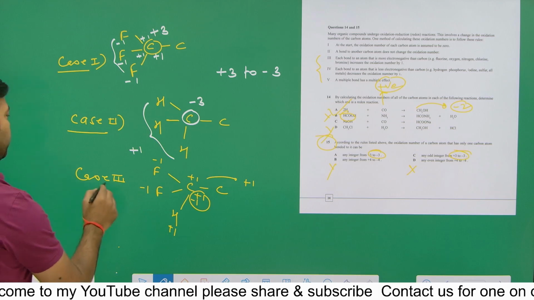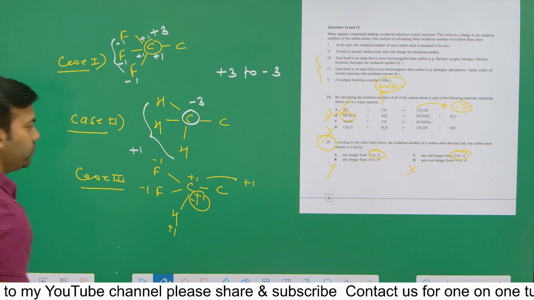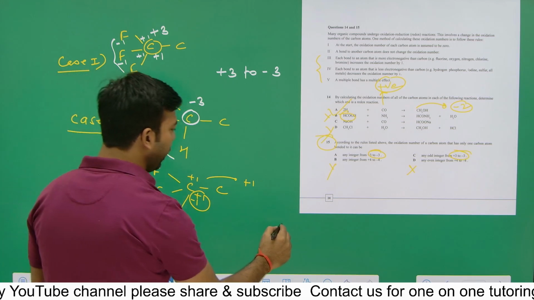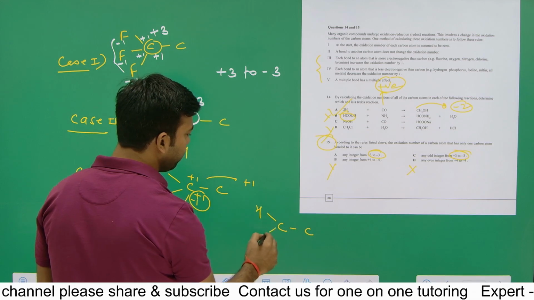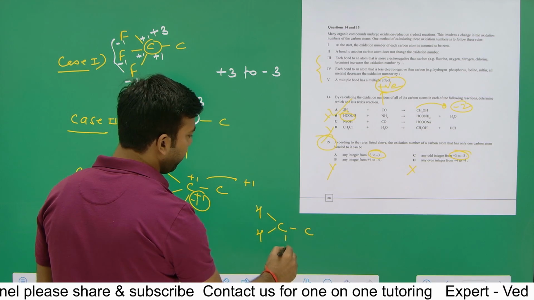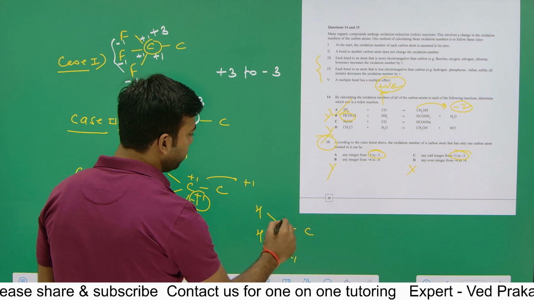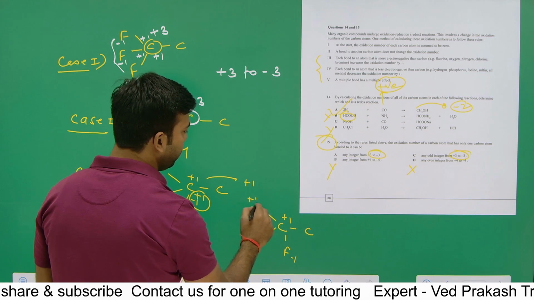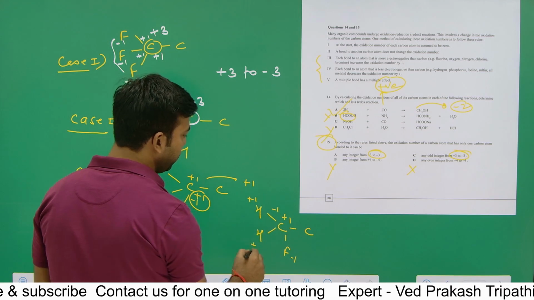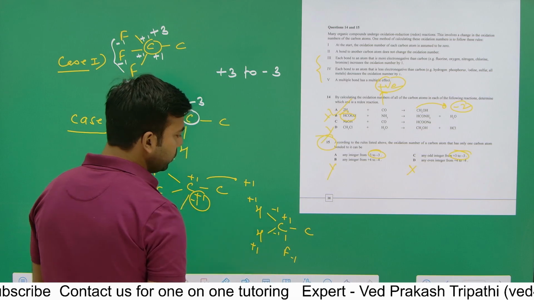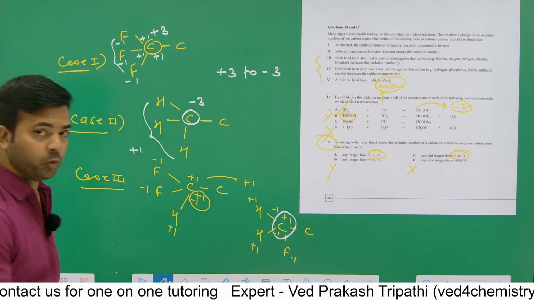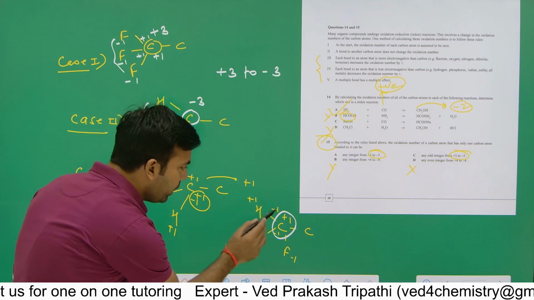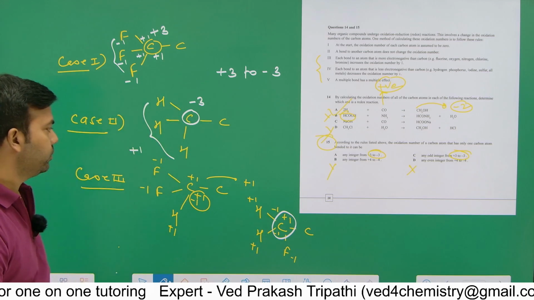There is another condition, case 4, the last. Suppose 2 hydrogen, 1 fluorine. So -1 +1, +1 -1, +1 again -1. So you can see +1 and -1 cancel out, opposite charges same number, and this -1 will be what?